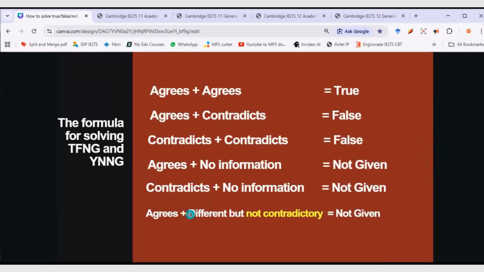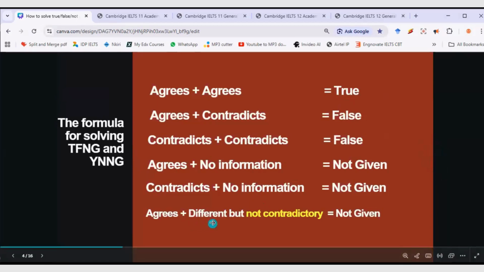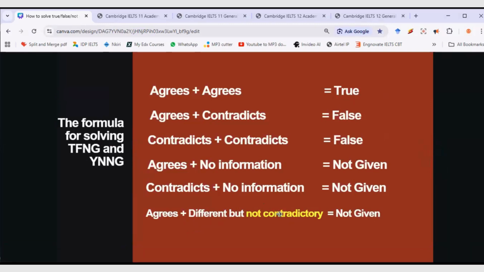Or the statement has mentioned something that is different but not contradictory. What do I mean by different but not contradictory?